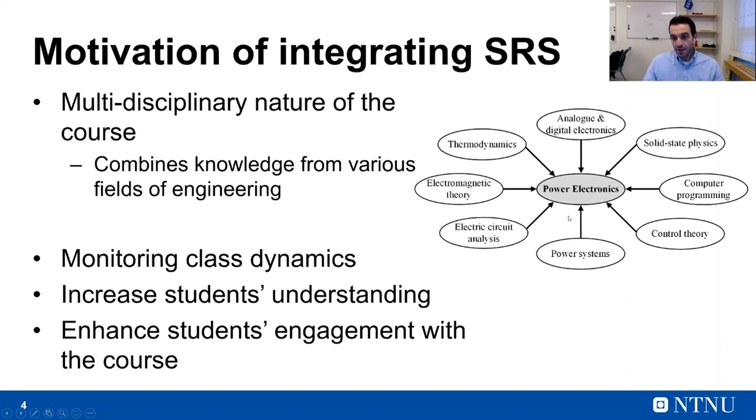So as you see, there are different disciplines that are needed for the students to understand the concepts presented in my course. And of course, as already mentioned, I would like to monitor the class dynamics to increase students' understanding, and also, most importantly, to engage students at a higher degree in the course.